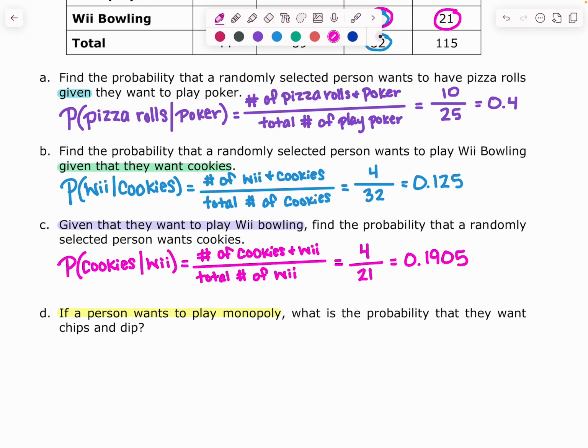So for this one, what color, I haven't used green. There we go. Okay. So the probability of chips and dip given it is a person that wants to play Monopoly.